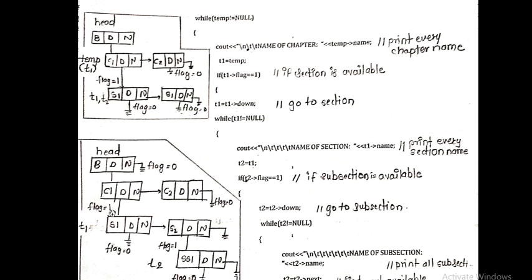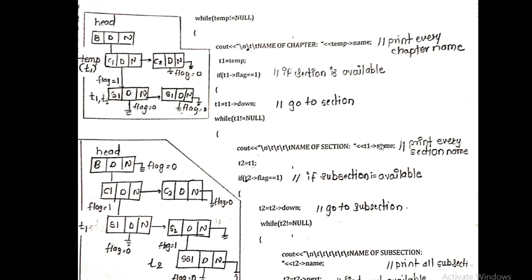Okay, now T1 is going to find out the different sections, and how are we going to find them? I will traverse the whole linked list of the section until we get the null pointer. So until T1 is not equal to null, you have to print every section under that chapter, the name of section, that is the name of that node, T1 of name.